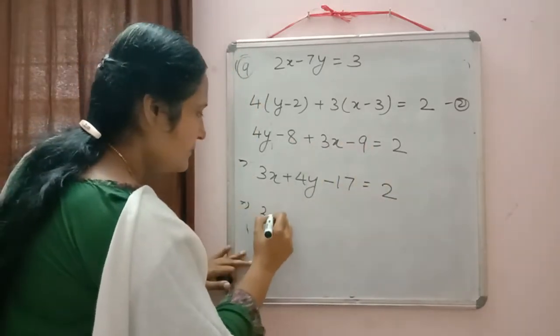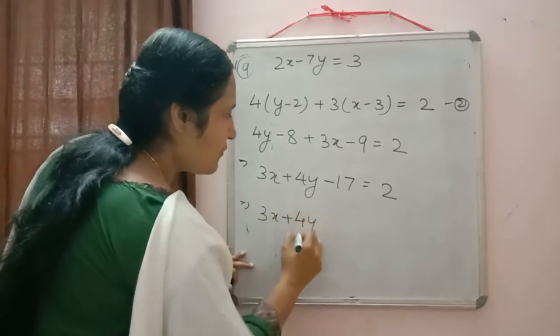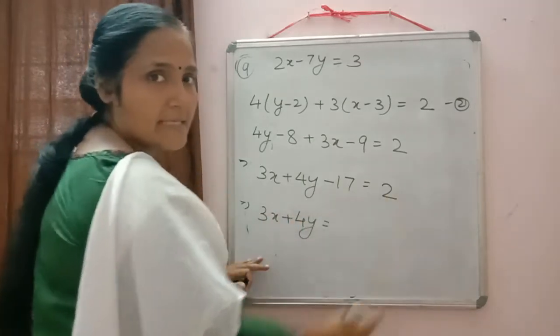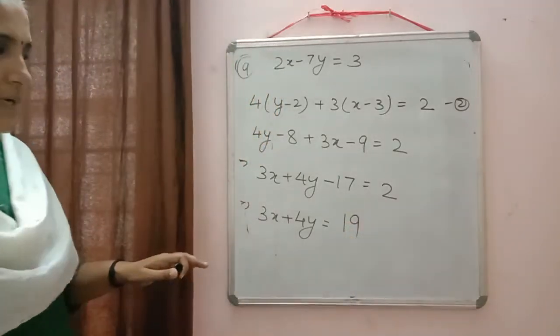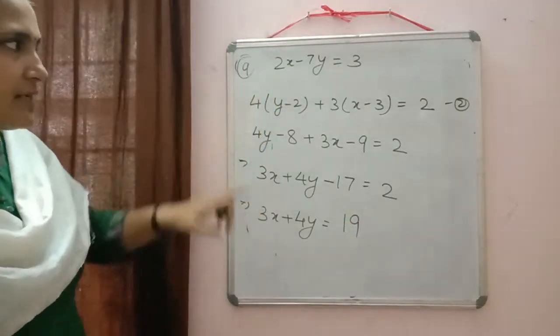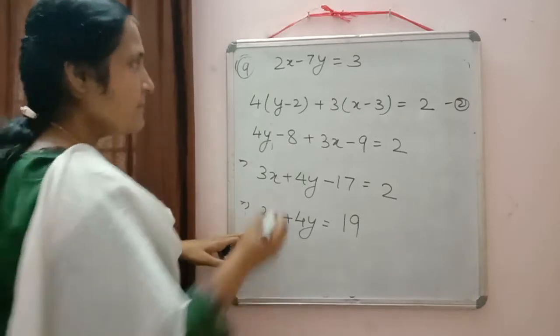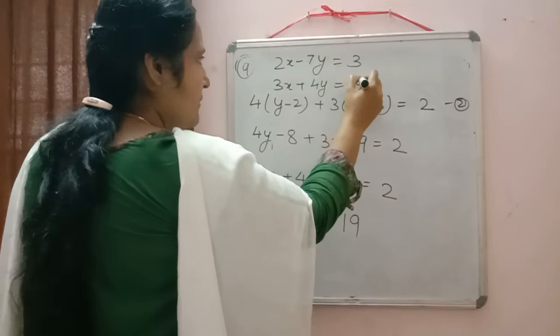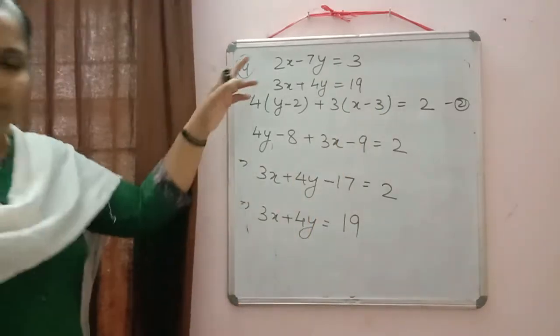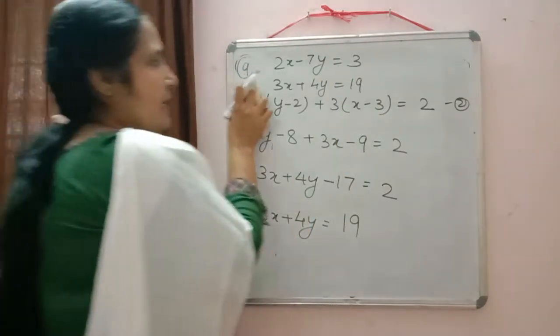Then 3x plus 4y is equal to 2 plus 17, and 2 plus 17 is 19. So the second equation after simplification is 3x plus 4y is equal to 19. So this is our first equation and second equation.